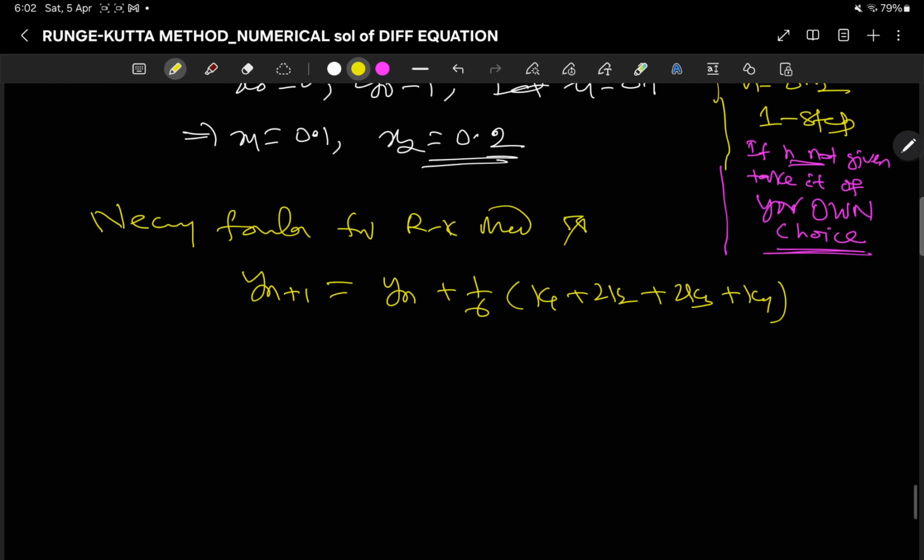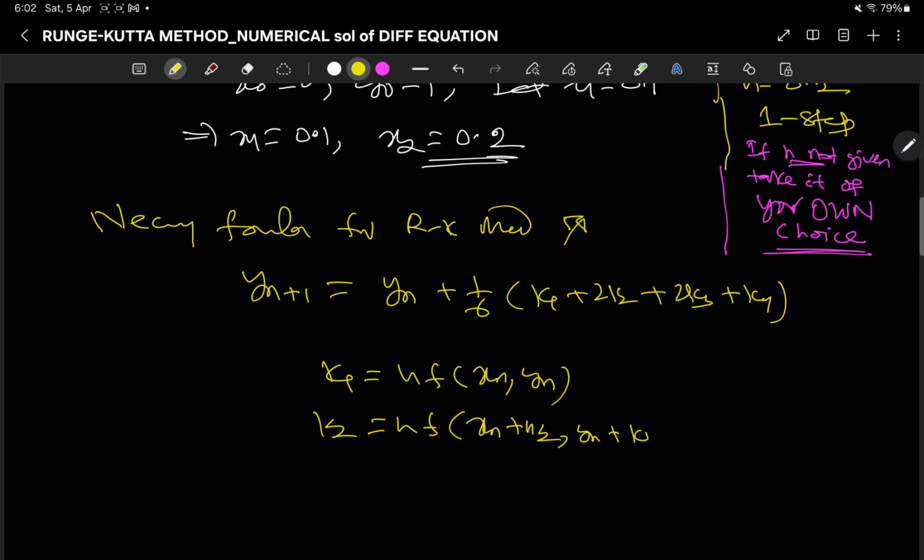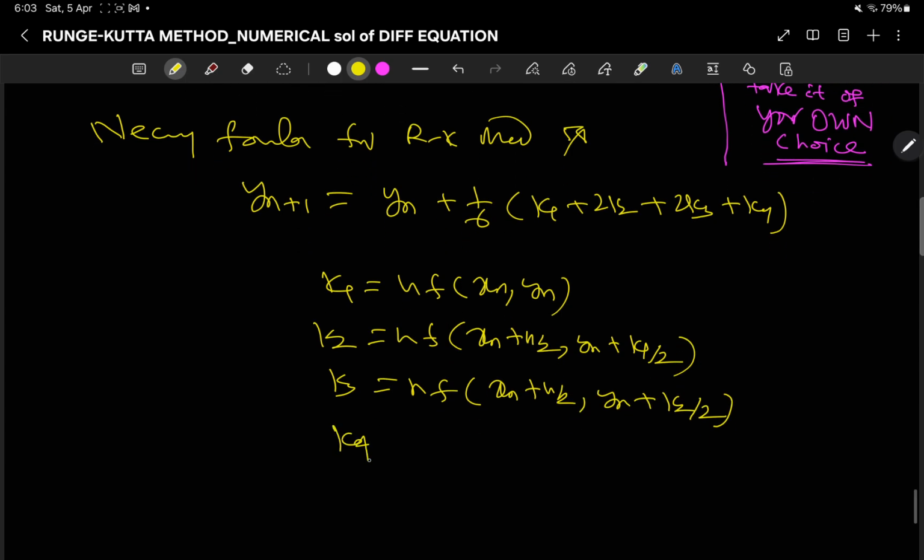We need to find k1, k2, k3, k4. k1 is hf(xn, yn), k2 is hf(xn plus h by 2, yn plus k1 by 2), k3 is hf(xn plus h by 2, yn plus k2 by 2), and here k4 is hf(xn plus h, yn plus k3).